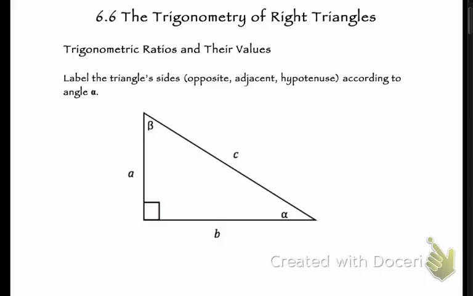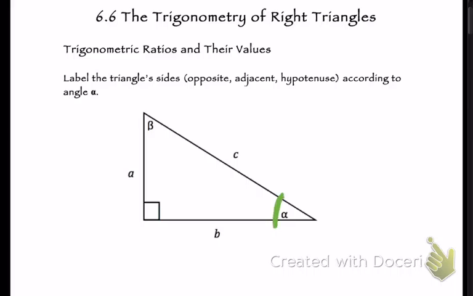So looking at the first slide that I have in front of me, it says to label the triangle's sides, opposite, adjacent, and hypotenuse according to the angle alpha. So that means I'm starting from this angle right here.